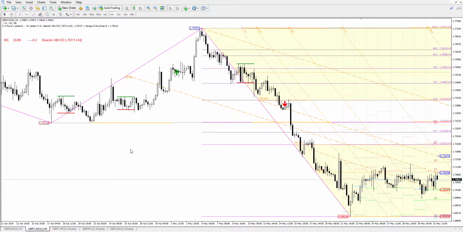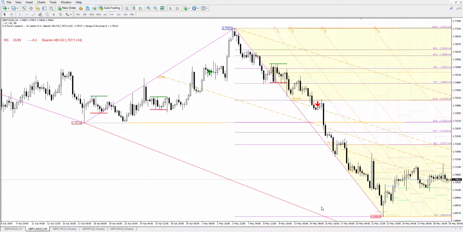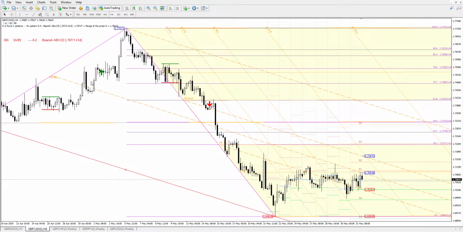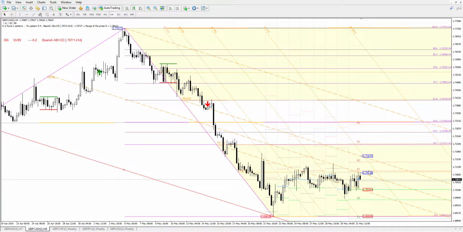It then tracks that low to that low. There. It creates a channel, you see. That's the halfway mark, that zigzag. Resistance, resistance, support.